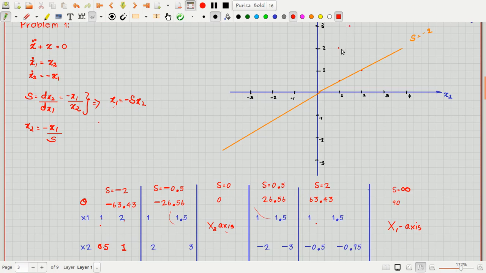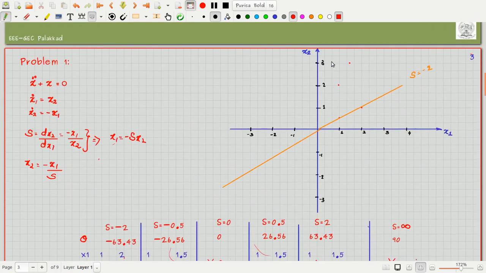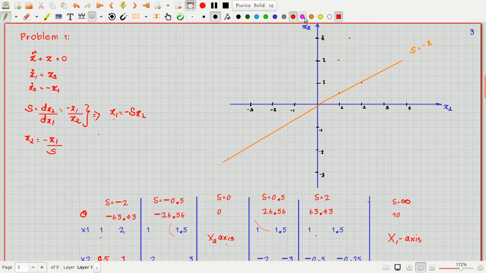So I got another line here which joins these 2 points. Okay, this is another line. And the s is equal to 0 line I have, this is the other line.